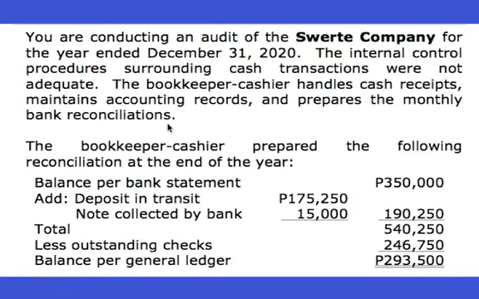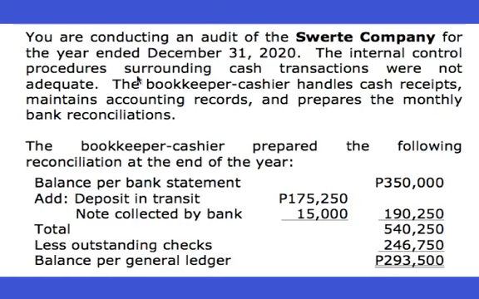As a matter of fact, yung bookkeeper, siya din ang cashier. Okay? Anong na-violate nga dito? Na cardinal principle ng internal control? Segregation of incompatible duties. Magkasama yung nagre-record, isang tao lang yung nagre-record at yung nag-handle ng cash.